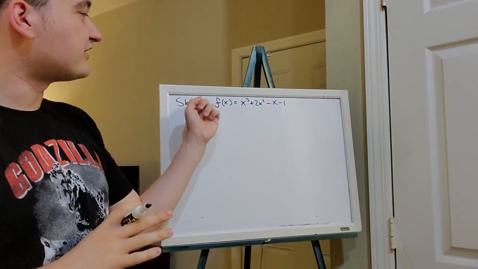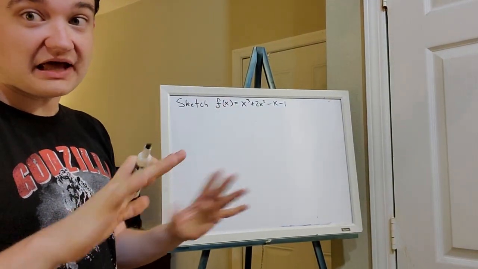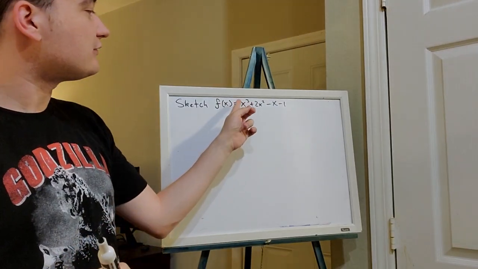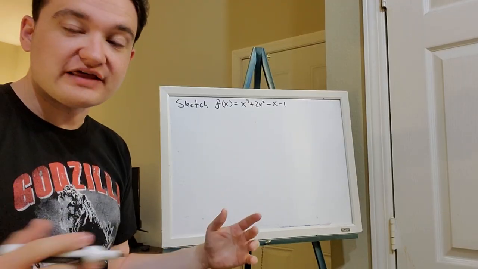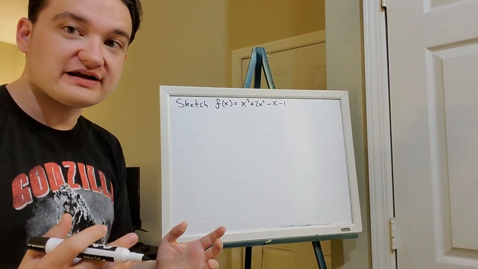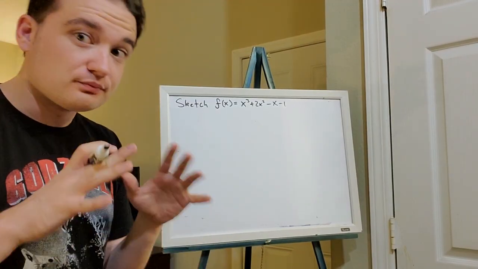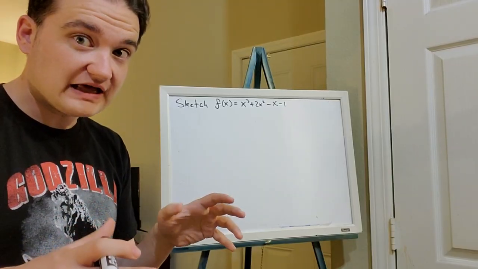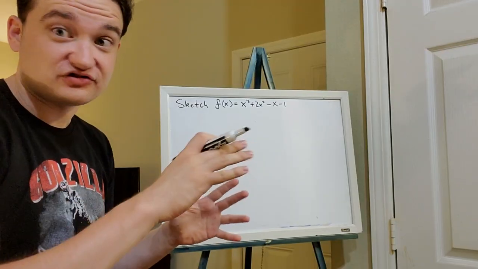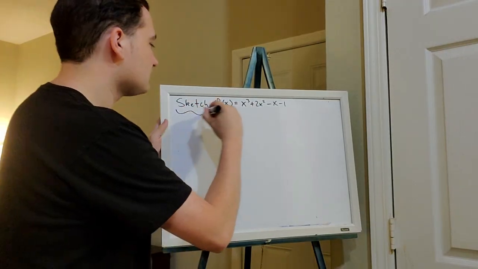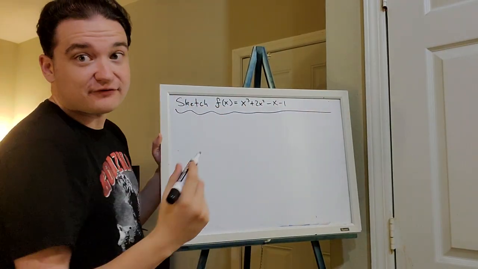Here's a problem. We want to draw by hand f of x equals x cubed plus 2x squared minus x minus 1. How can we do that? We have all the tools we need. We're going to get into this more in 4.5, but we already have a lot that we need because this is just a polynomial. We're going to take a first derivative.